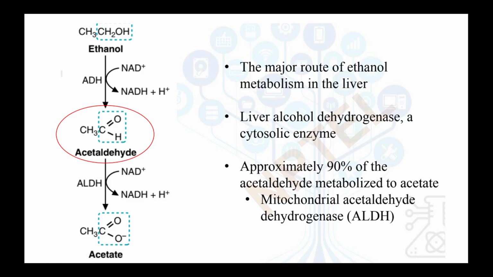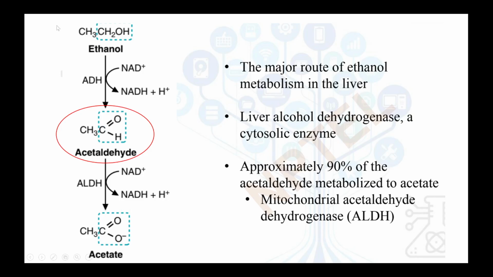There's one molecule of NAD getting converted into NADH plus H plus with this alcohol dehydrogenase, as well as acetaldehyde dehydrogenase. So if you see here, in both the steps, one NADH is forming.